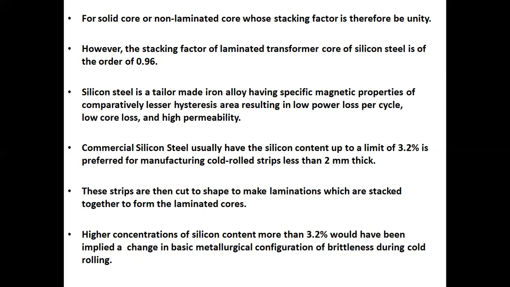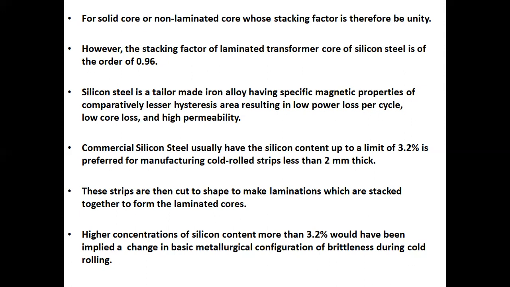Commercial silicon steel usually has silicon content up to a limit of 3.2%, which is preferred for manufacturing cold rolled strips less than 2 millimeter thick. These strips are then cut to shape to make laminations, which are stacked together to form the laminated cores.